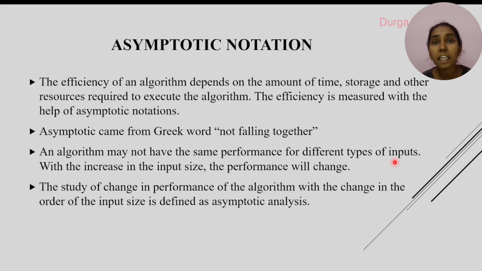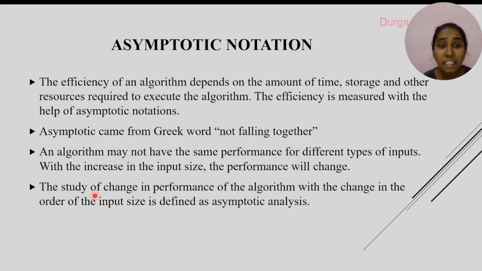If the array contains 10 elements, sorting will take 2 seconds. So if the number of inputs increases, the performance decreases. The performance is not the same for different types of inputs; with an increase in input size, the performance will change.